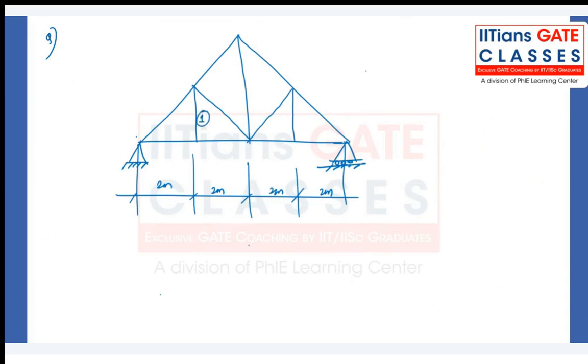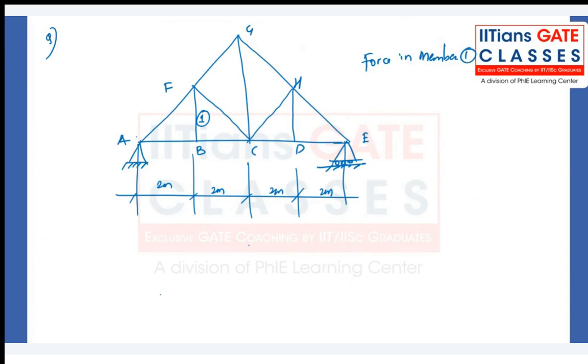So write down here A, B, C, D, E, F, G, H. Force in member 1. Member 1 is already shown to you. In that member, you have to calculate the force.